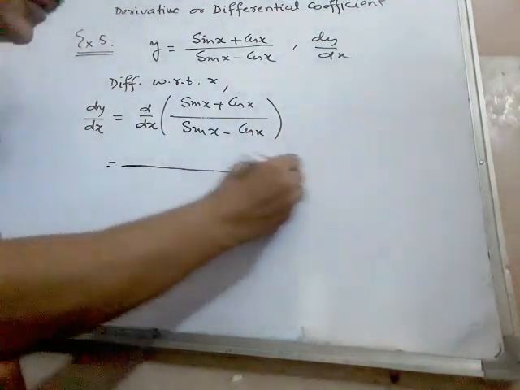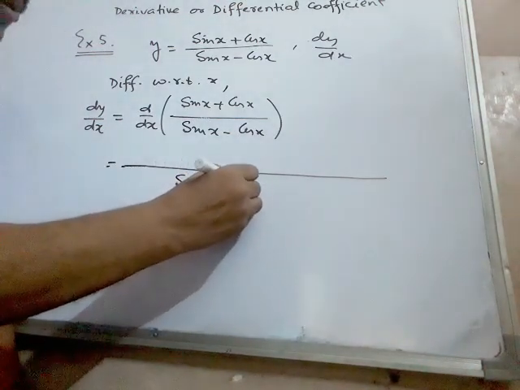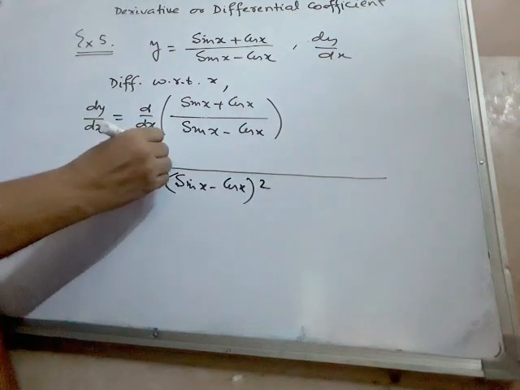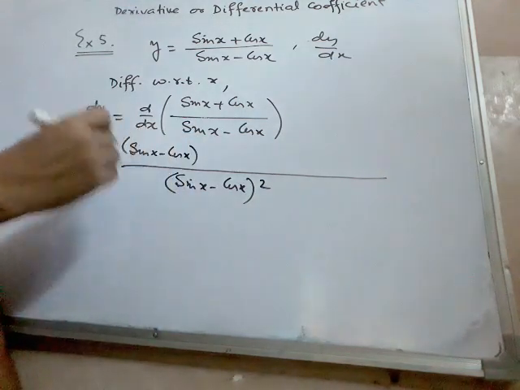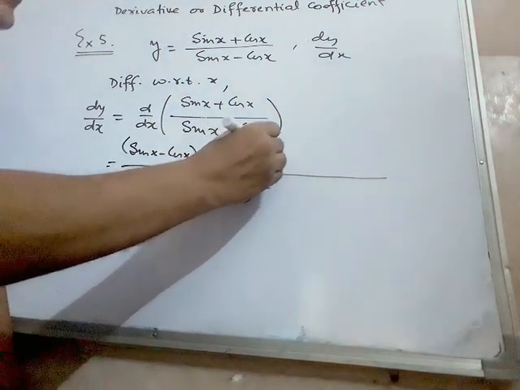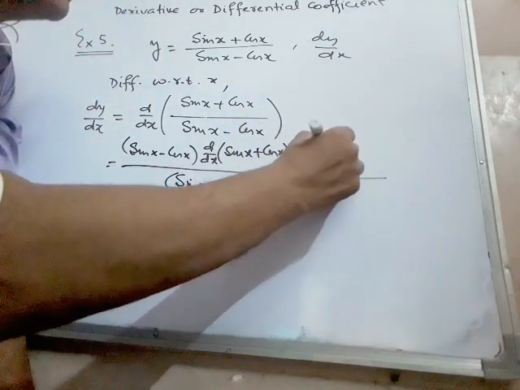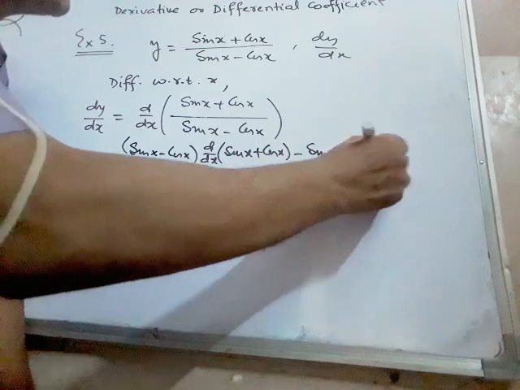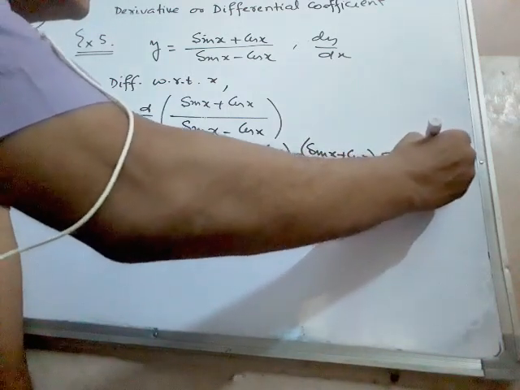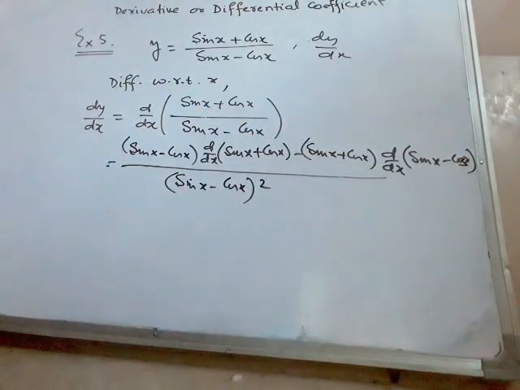The formula is: the denominator, (sin x minus cos x) whole square, in the numerator (sin x minus cos x) into the derivative of (sin x plus cos x), minus (sin x plus cos x) into the derivative of the denominator (sin x minus cos x).